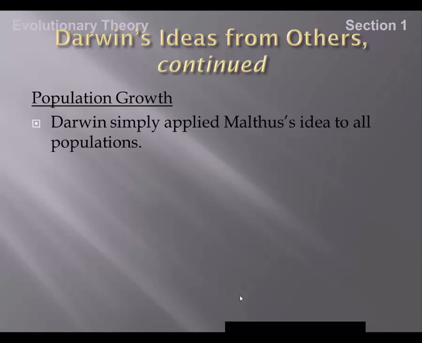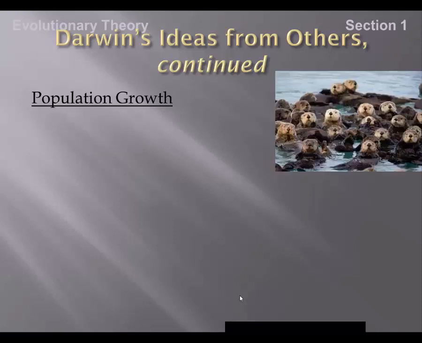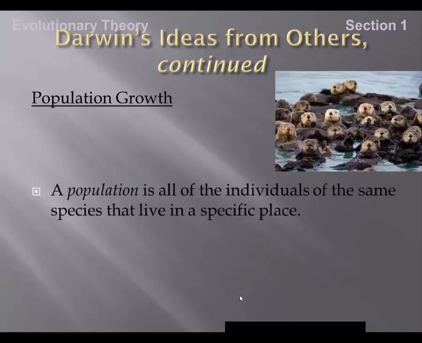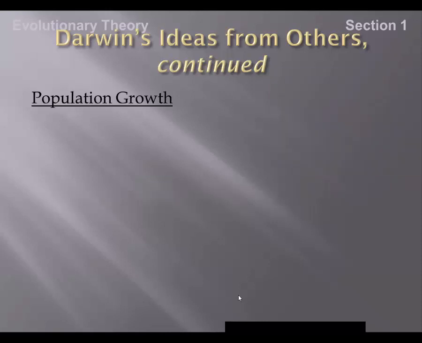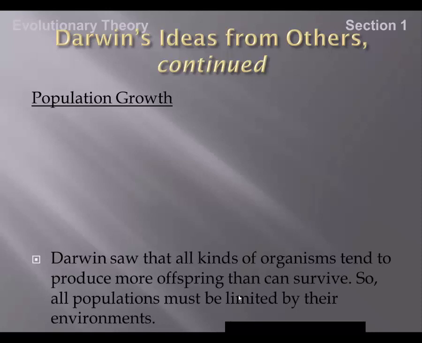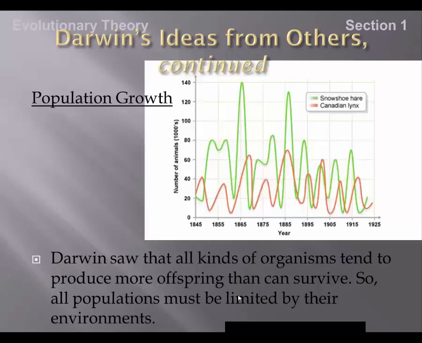Darwin applied Malthus's ideas to all populations. Recall that a population is all of the individuals of the same species that live in a specific place. Darwin saw that all kinds of organisms tend to produce more offspring than can survive. So all populations must be limited by their environments.